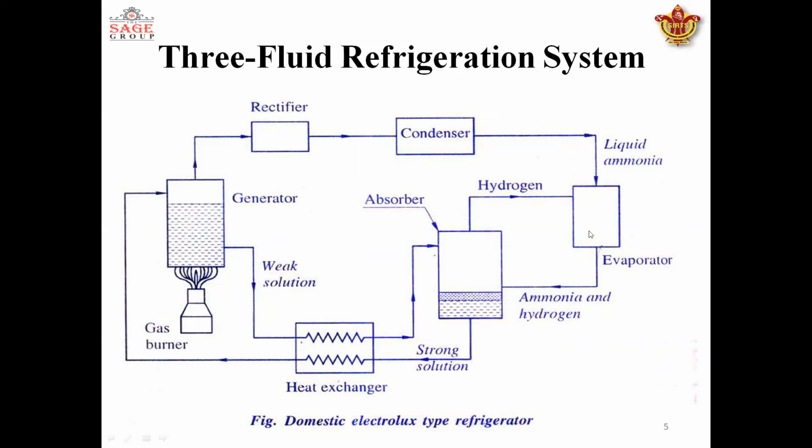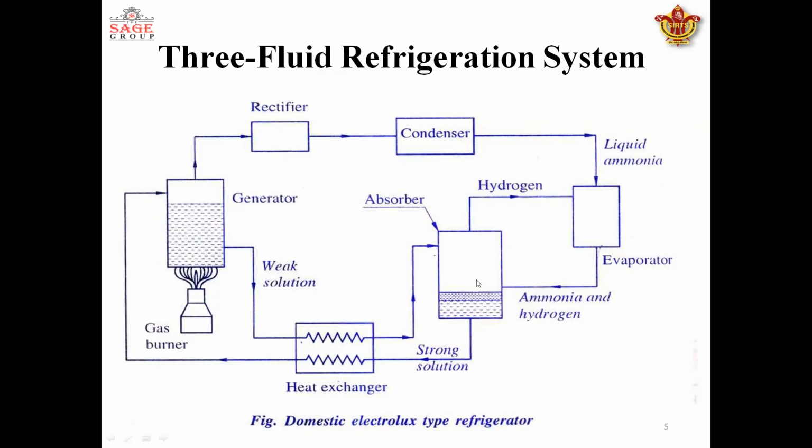Thus, on the basis of Dalton's law of partial pressure, it is only meant to increase the evaporation rate inside the evaporator. So here, being immiscible in the absorber, being the lightest gas, hydrogen moves upward and goes to the evaporator again. And this is the small loop where the hydrogen is moving from the evaporator to the absorber, and the absorber to the evaporator.